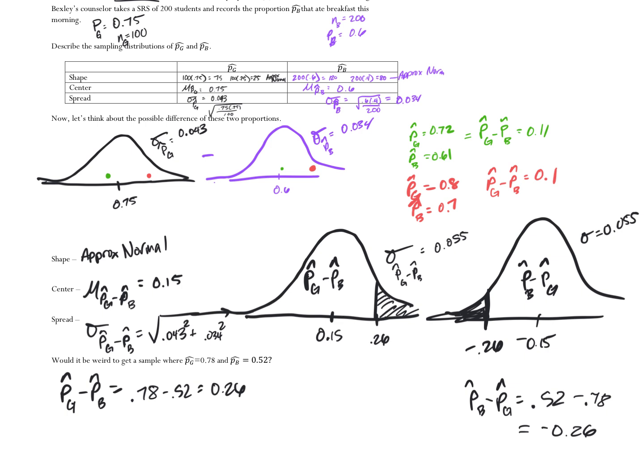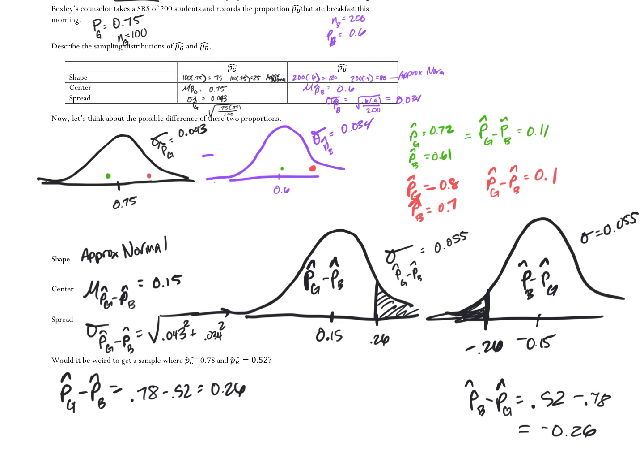I just know to start with the bigger one and subtract the smaller one, if there is a bigger one versus a smaller one. Yeah. Are there going to be any problems putting the negatives into a calculator? Will it mess up the function? You can put in a negative mean.